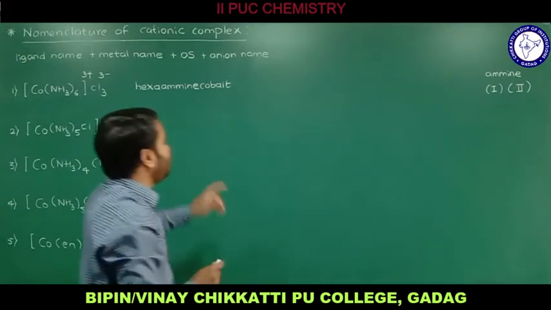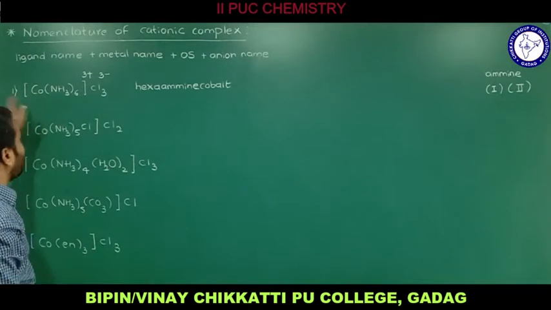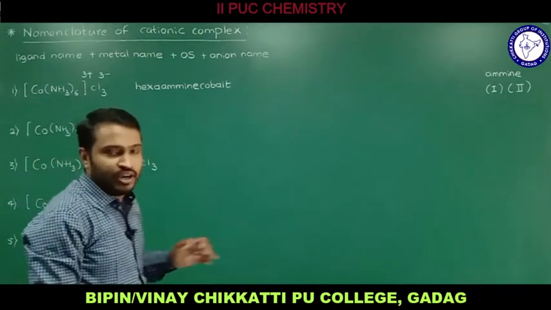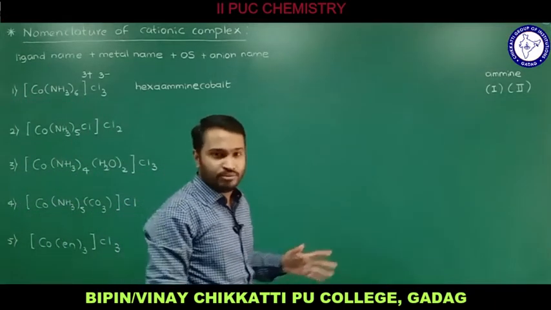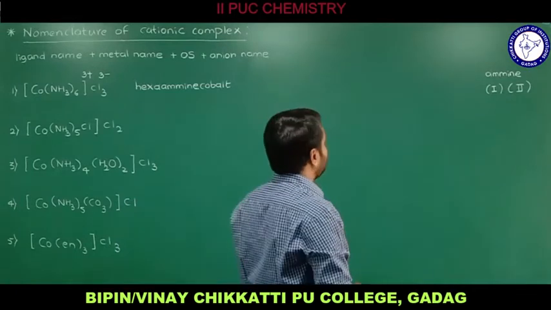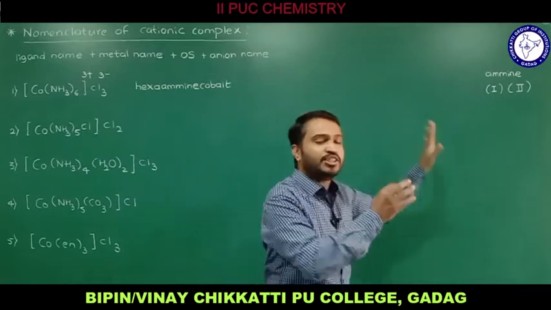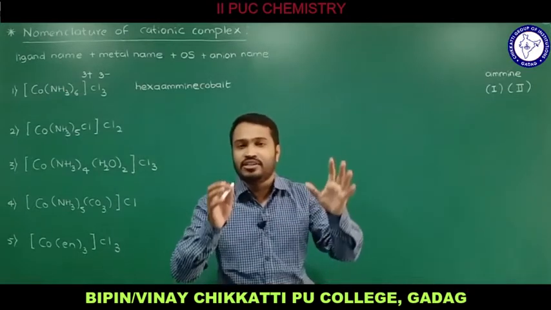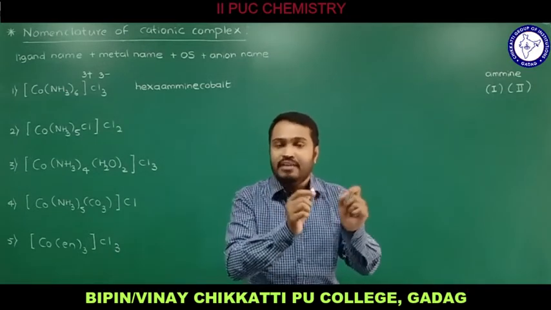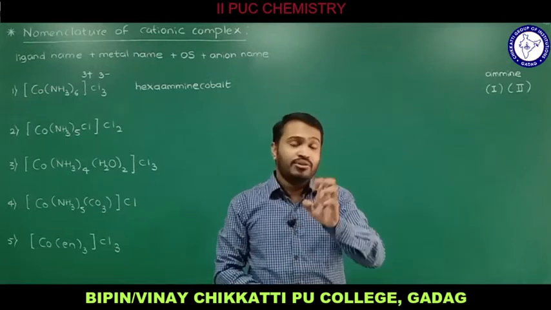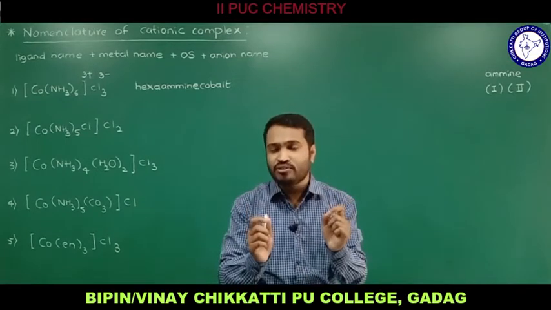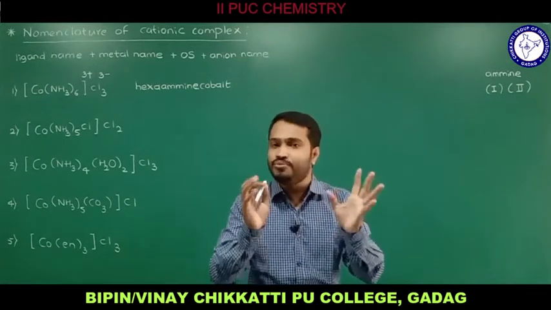First we need to know the oxidation number of cobalt in this coordination complex. I will tell you 2 different methods, and whichever you feel is easy, you continue with that one. The first method: as we know from first PUC, how to find the oxidation number of an element present in a compound. In a neutral species, the sum of oxidation numbers is equal to 0, isn't it?